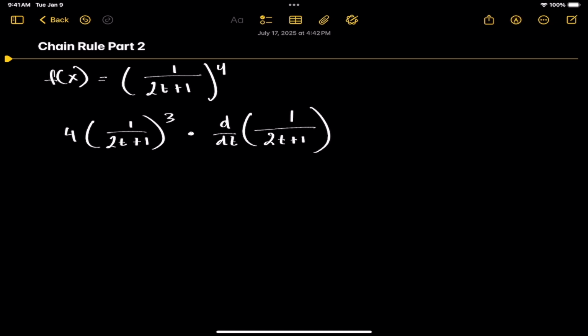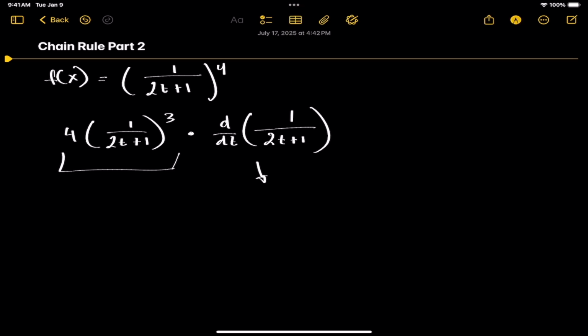All right, so this side here is going to stay the same. What we could do here on the right is use quotient rule, or we can use chain rule again. But in order to use the chain rule again, we're going to need some type of exponent to make it look like the original function we have here.